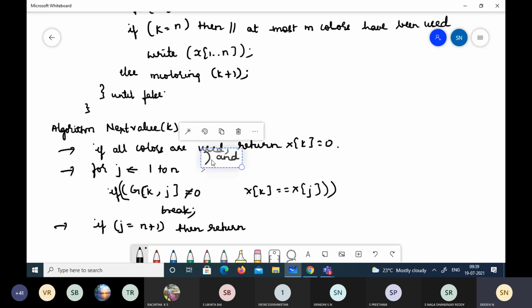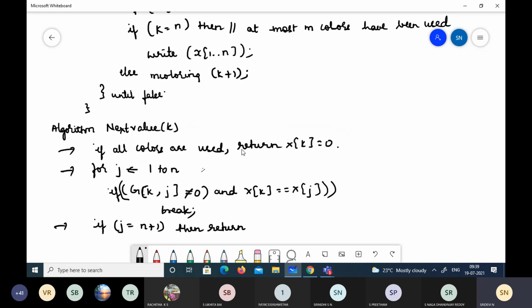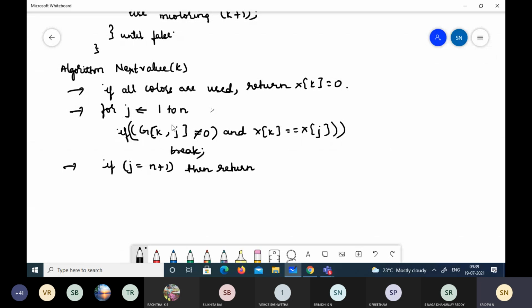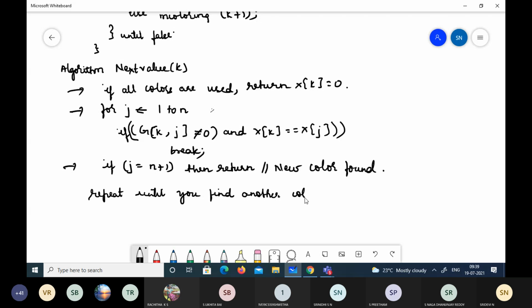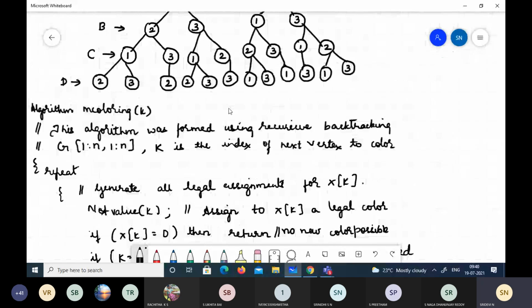So you just return it. This says no new color found, otherwise it says that a new color is found. This will be repeated until you find another color. This is the algorithm associated with the graph coloring problem, and this is how we will color the graph.